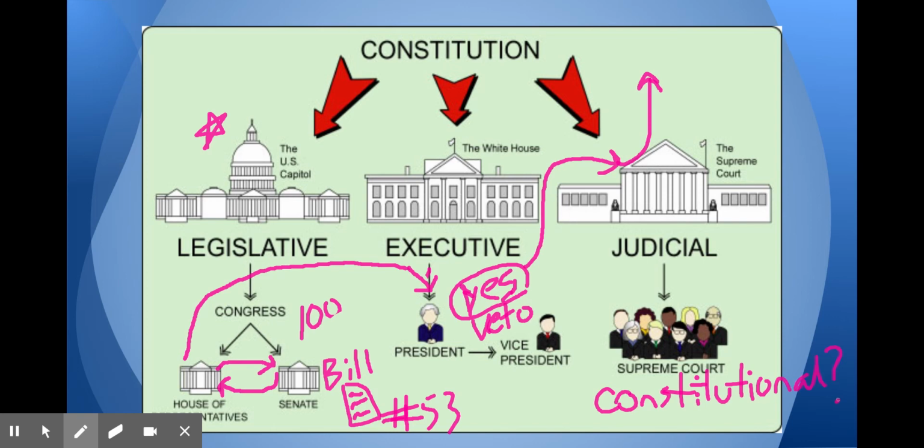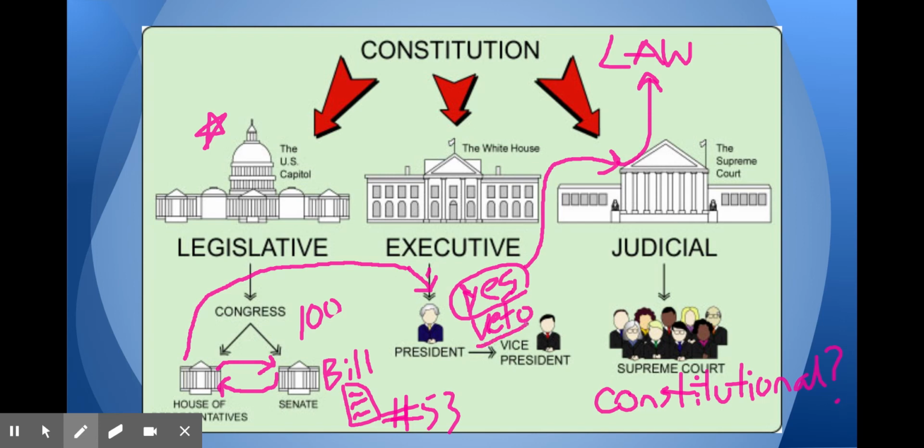If it is constitutional, then they give it the okay, and then this bill goes up here, and guess what? We have a brand new law. And that law needs to be carried out by every state and every local government, because those laws supersede any state laws or local laws. Now, that's the easy part.